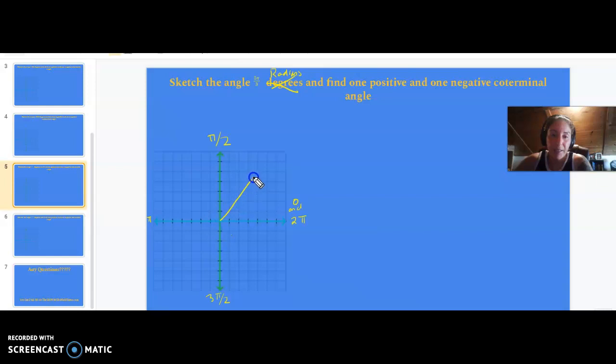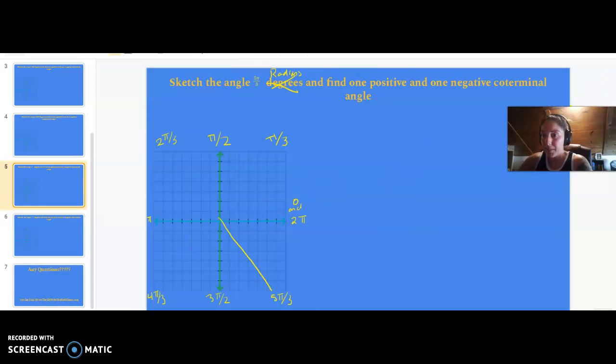If we need to cut this into thirds, they go about that, right? 1/3 is pi over 3. 2/3, 2 pi over 3. 3/3, 4/3, 4 pi over 3. 5/3, 5 pi over 3. So 1/3, 2/3, 3/3, 4/3, 5/3. This would be 6/3, also 2.